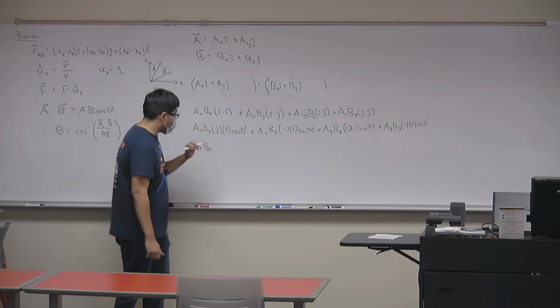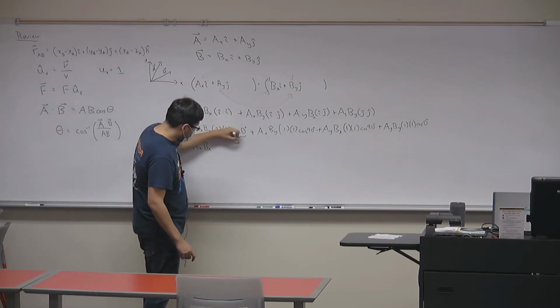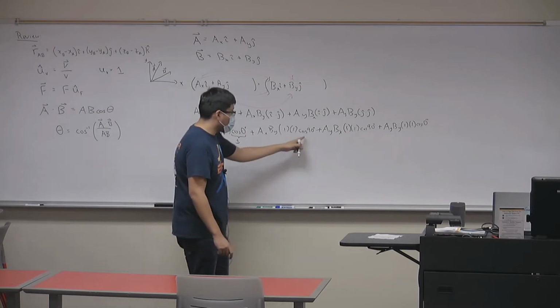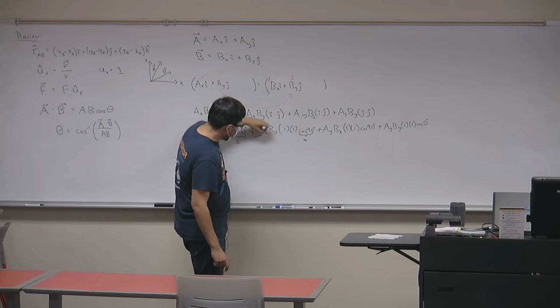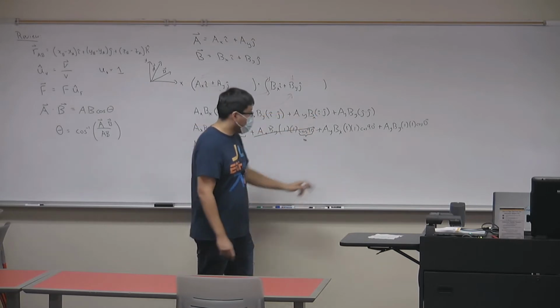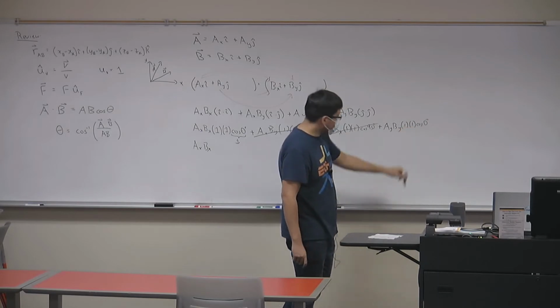So we have AX times BX. Cosine of 0 is simply 1. AX BY, 1, 1. What's the cosine of 90? 0. Cosine of 90 is 0, so what happens to this term? It goes away. Cosine of 90, cosine of 0. Okay?